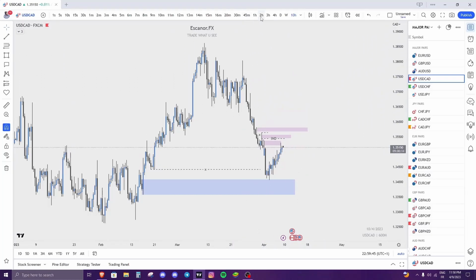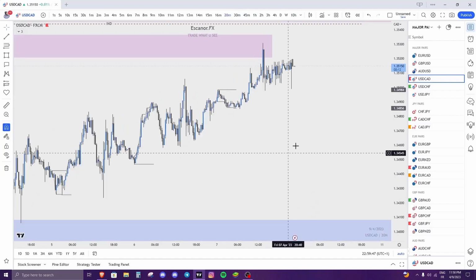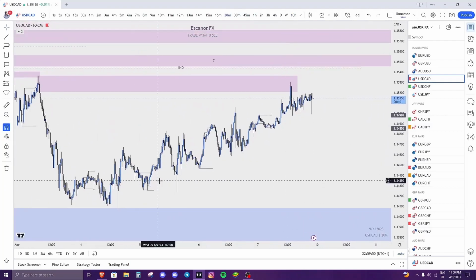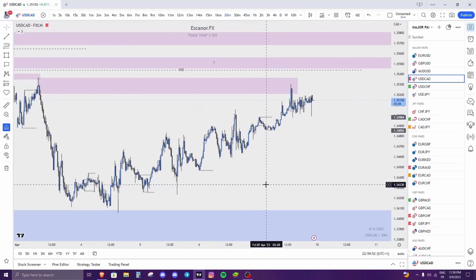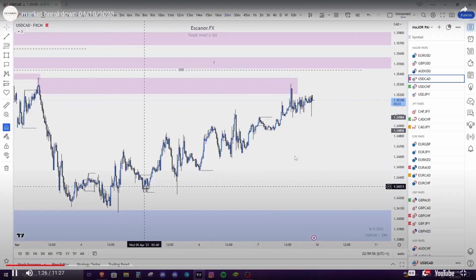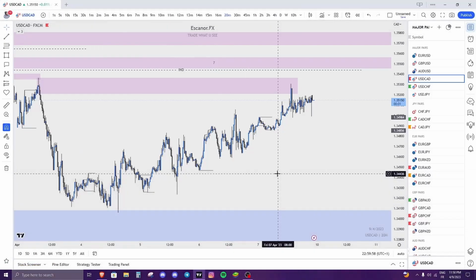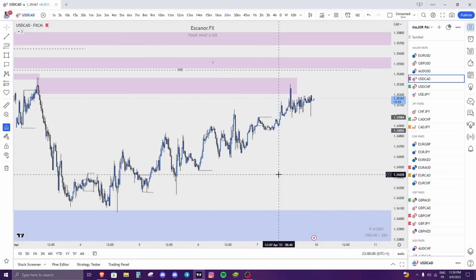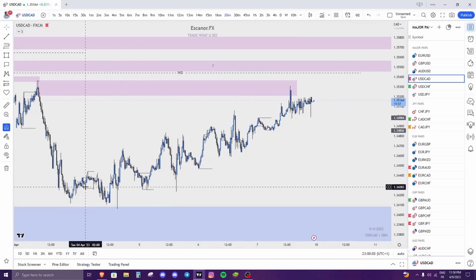So if we drop to the lower time frame, we're not going to see that reaction, but we don't see a clear break of structure with imbalance. We saw here a break, but it's a weak break, so it looks like a retracement.